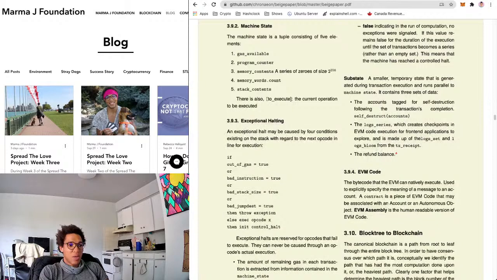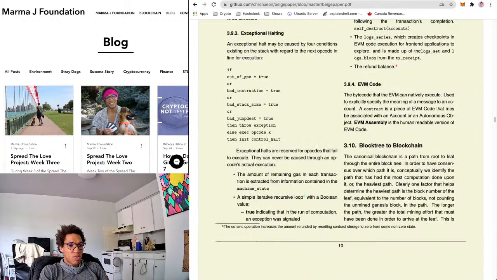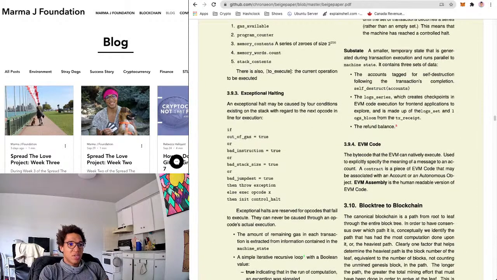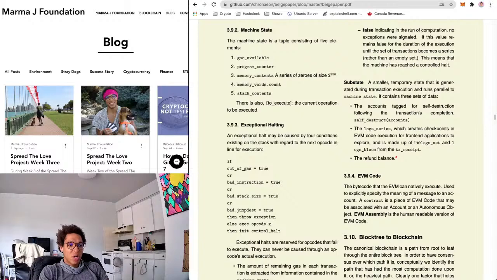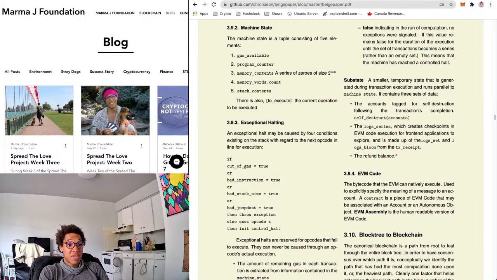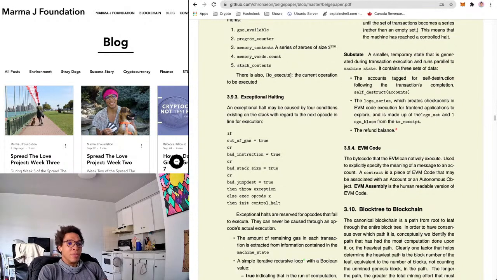See, I want this refund. So I need to call a function that self-destructs a certain account or address. But so the substate will have my refund balance. That's how I can check what the balance would be for the refund.